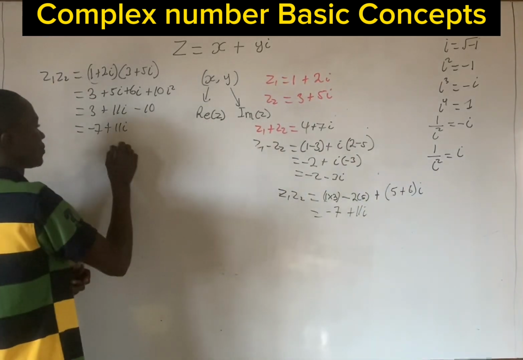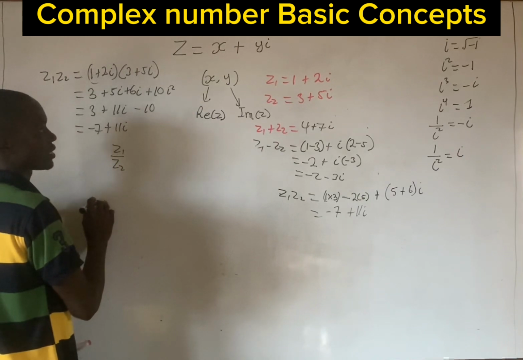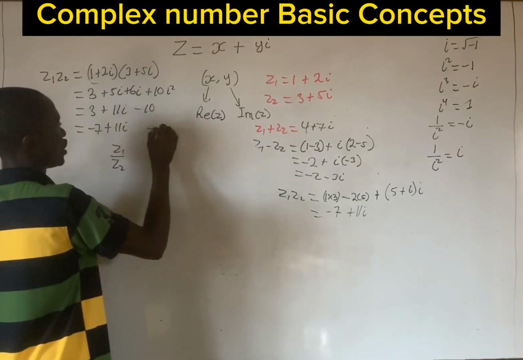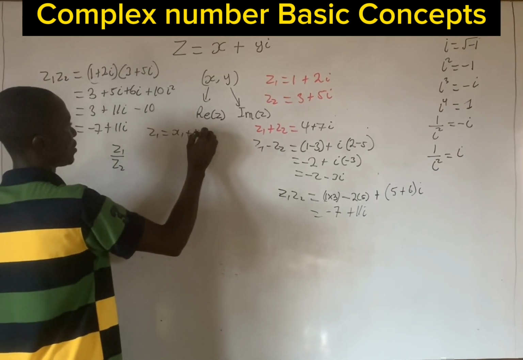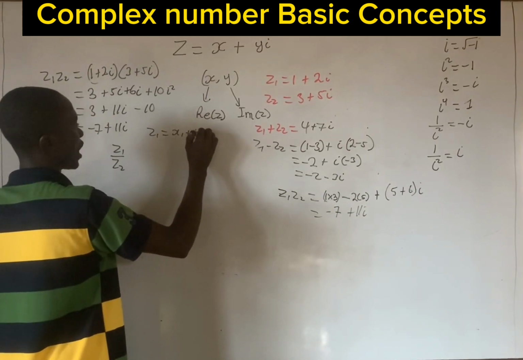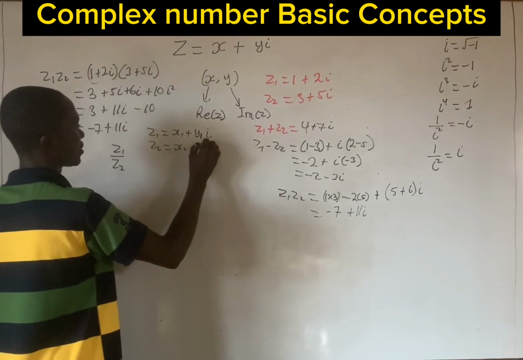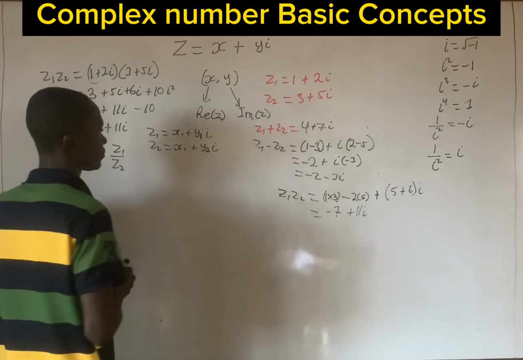Now, if I have Z1 on Z2, that is the complex number Z1 equals X1 plus Y1 i, and Z2 equals X2 plus Y2 i.